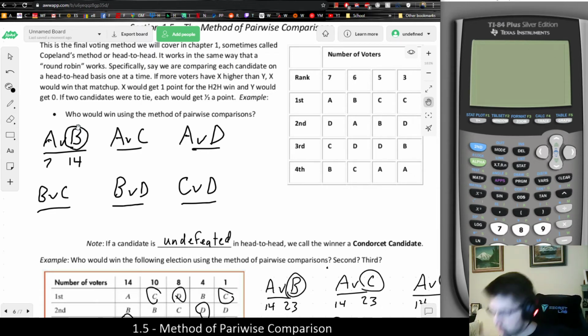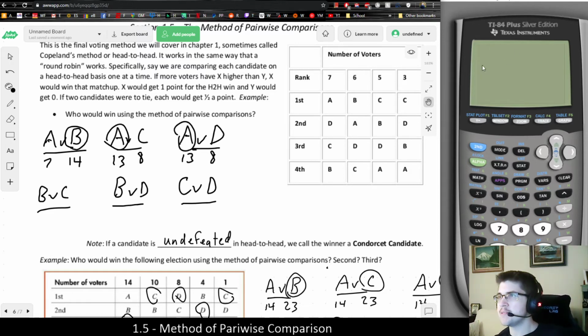Then between A and C, it appears as though A is going to win these two, C is going to win these two, so that would be 13-8 in favor of A. Then between A and D, it's exactly the same, 13-8, and so A will win that one as well. Between B and C, we've got 7.